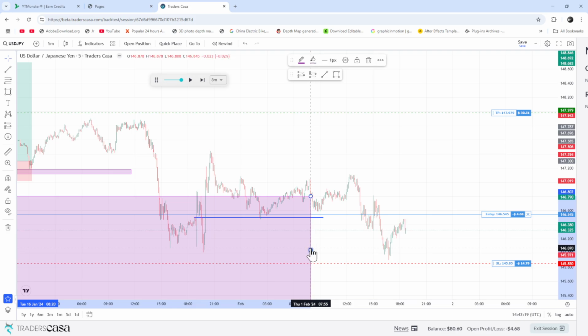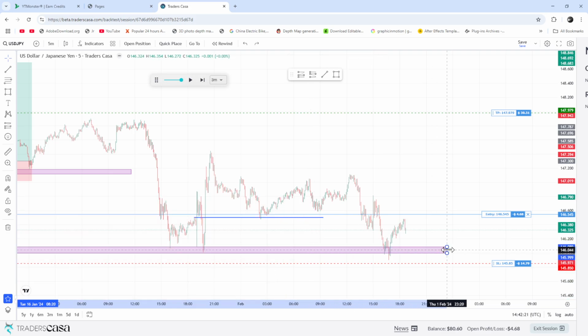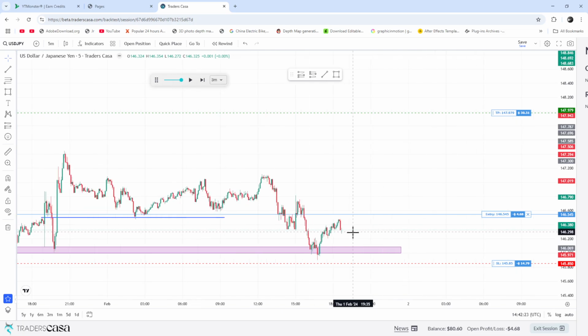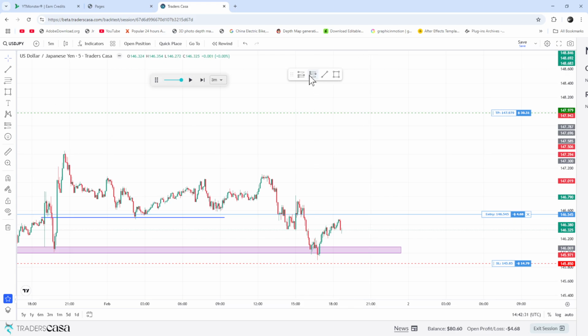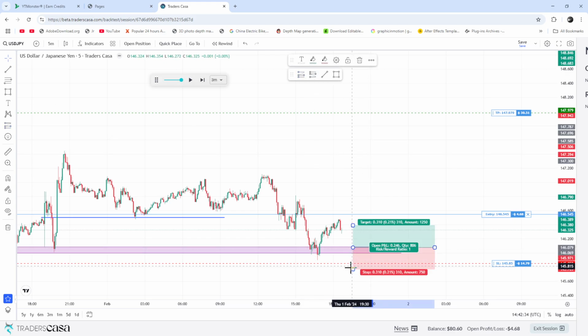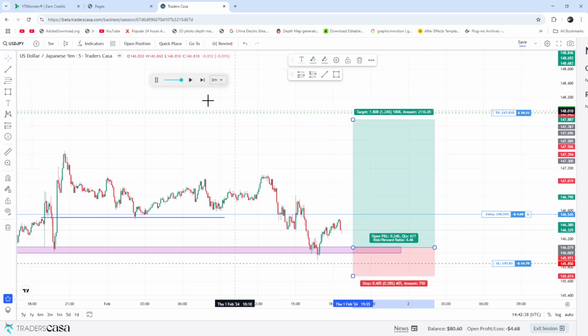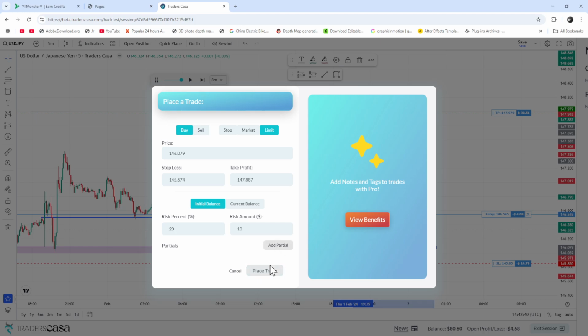If I was in lower time frame, in higher time frame, I will know. I'm not quite sure, but I want to add another position here, risking somewhere here, targeting somewhere around here, risking another $10.